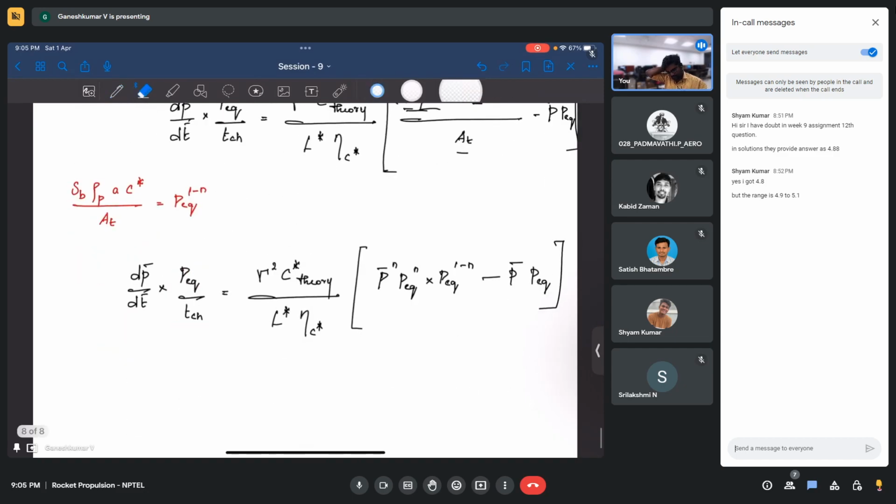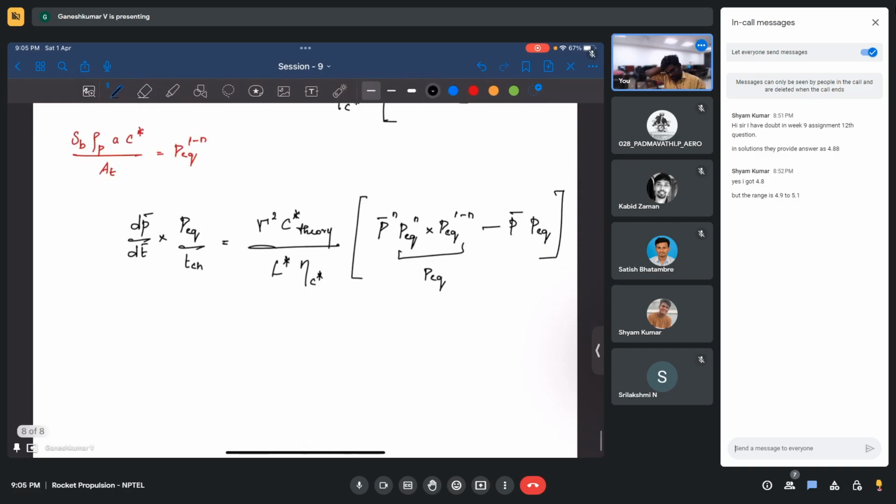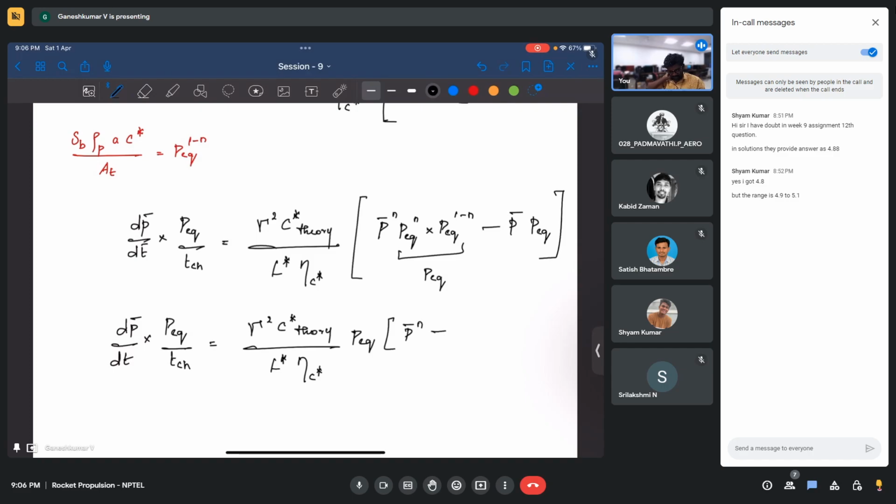So this is going to be P equilibrium, which you can take out. So dP by dt times P equilibrium by TCH to gamma square C star theory divided by L star eta C star times P equilibrium into P bar n minus P bar.